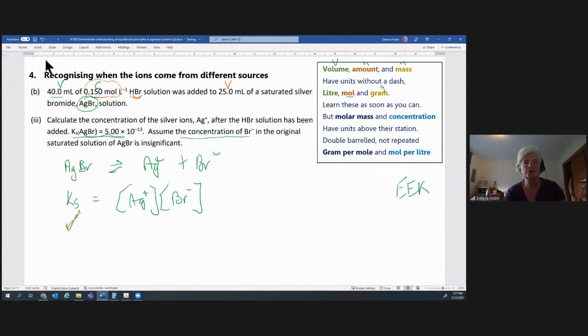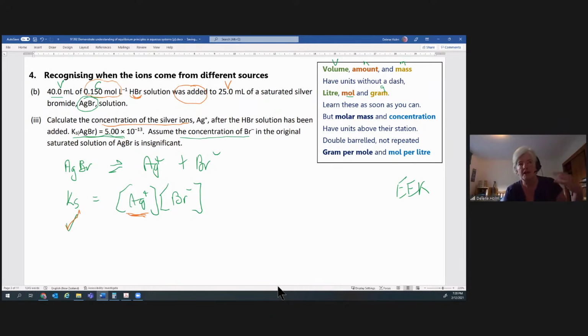So whenever you've got two volumes and they're being combined, because we're told that it was added to, you've got to calculate a new concentration because you've diluted it. If I've got a concentration over here and a concentration over there and I mix them, it means I've diluted it, and so I've got a new concentration. So this is the one I have to calculate. I really recommend highlighting or underlining the things, putting V's and C's and so on above so you know what it all is.